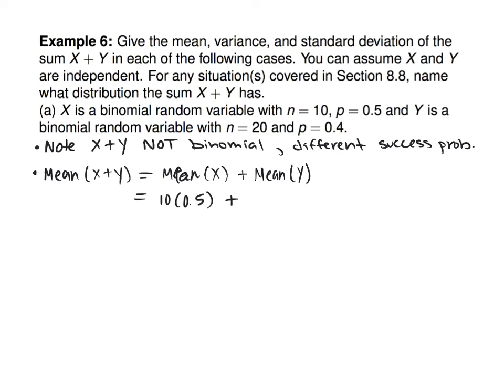The second one's mean is also np, just with a different n and different p, 20 times 0.4, which comes out to be 13. 5 plus 8, 13. So there's your mean. We'll call that mu sub x plus y.